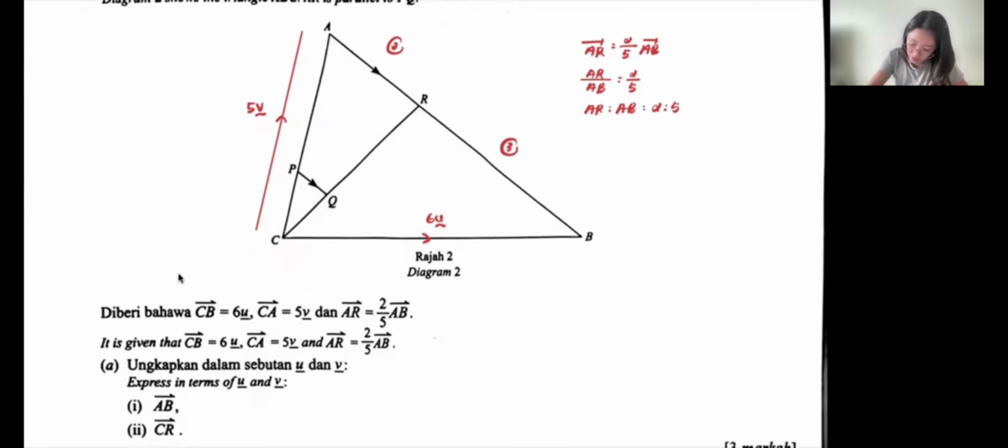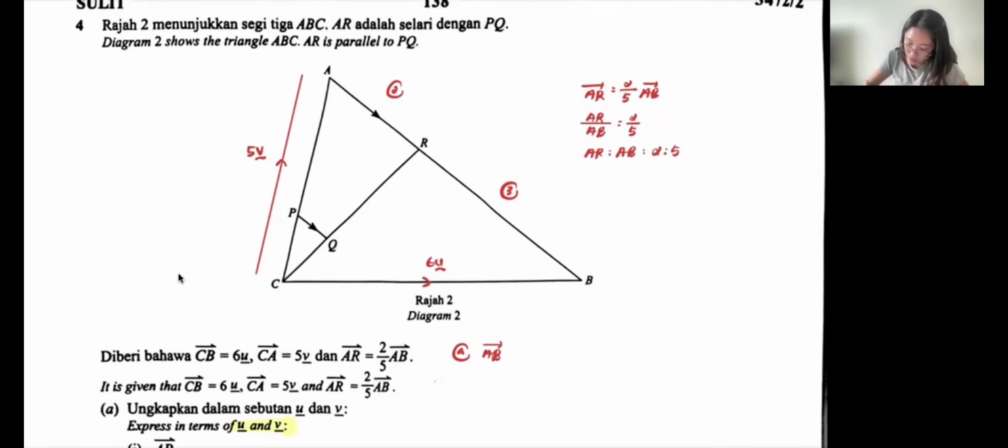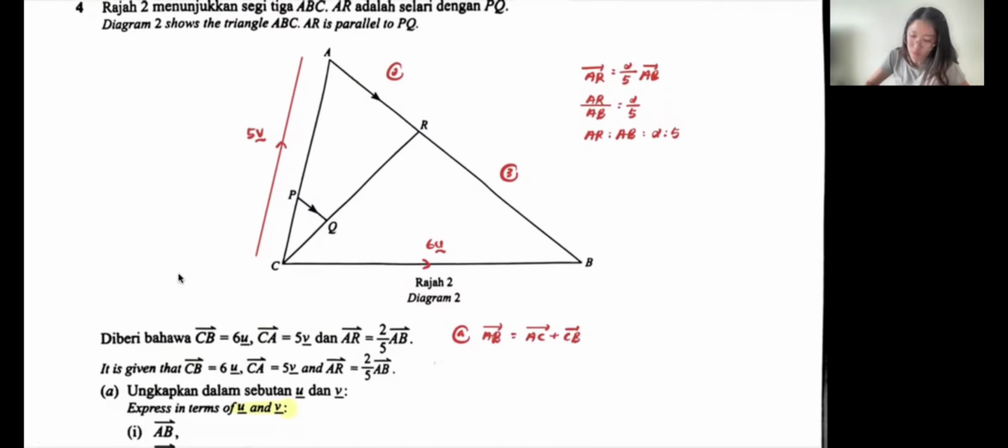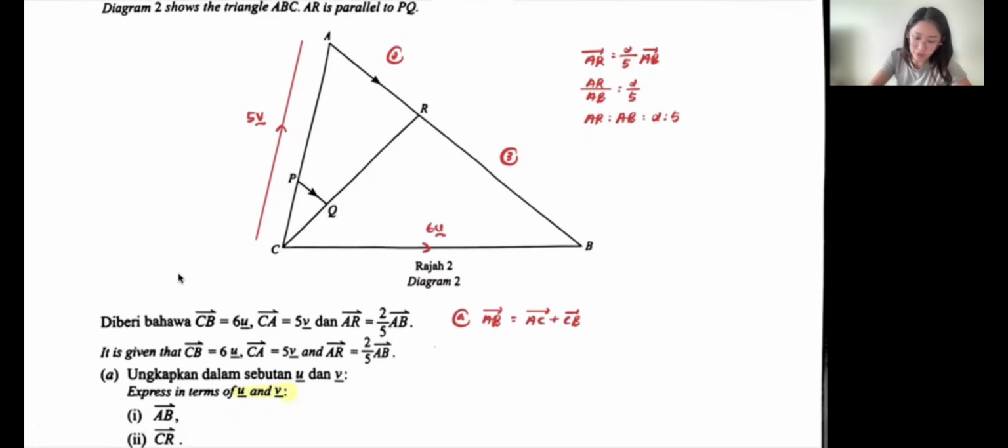And let's look at part A. Expressed in terms of U and V, we need AB. From A to B, what can we do? Show the path. We can go to C first and then C to B. Choose the roads that have a vector given to you. Don't choose the one that doesn't have anything.